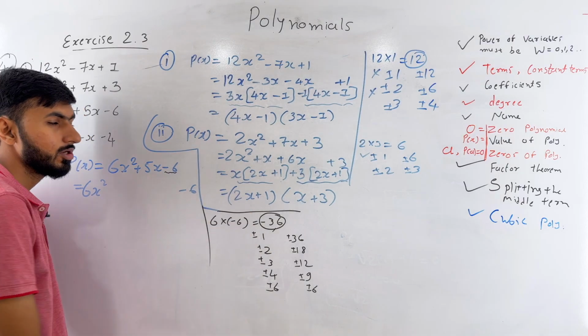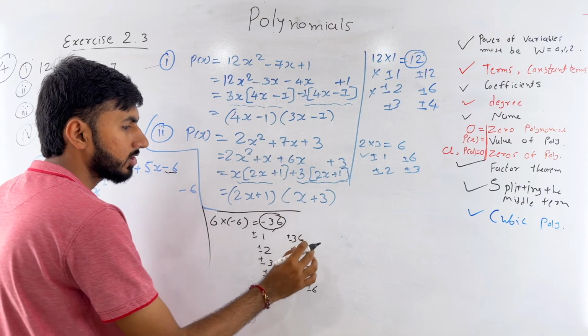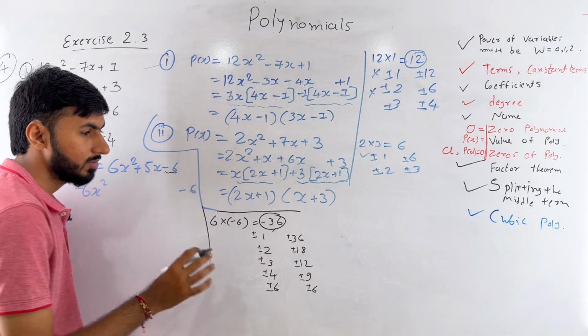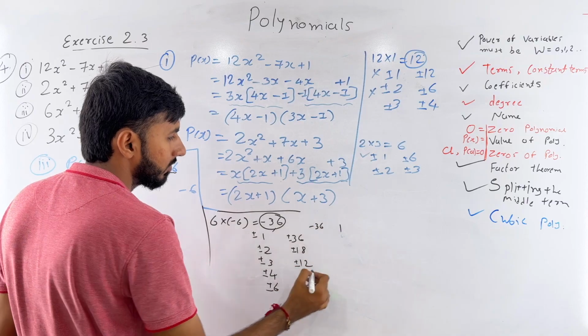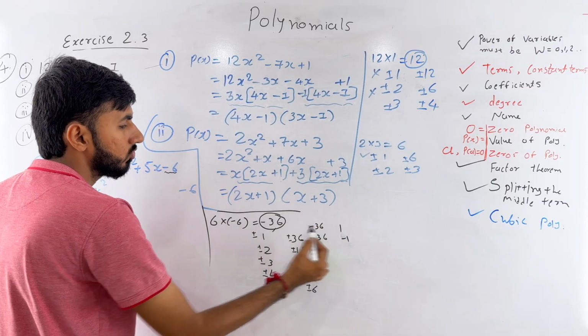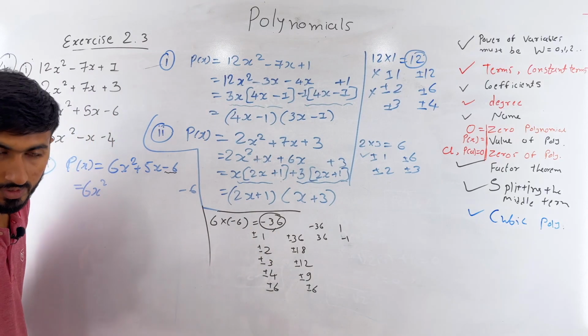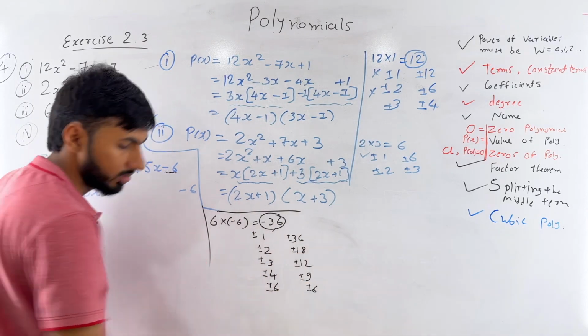So in all the factors I have to use one as a negative and one as a positive. What I am saying is, if I use 36 and 1, I have to use minus 36 and 1, or 36 and minus 1, because multiplication of these two will come as minus 36.